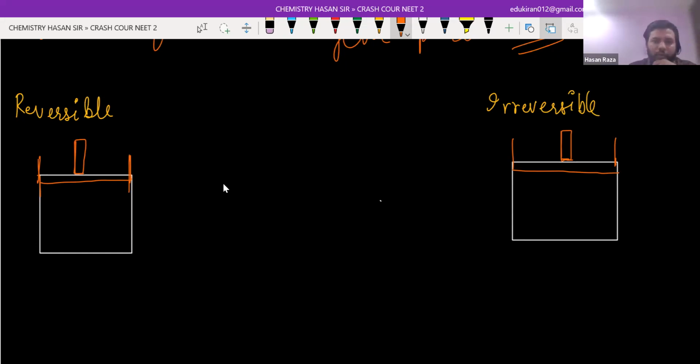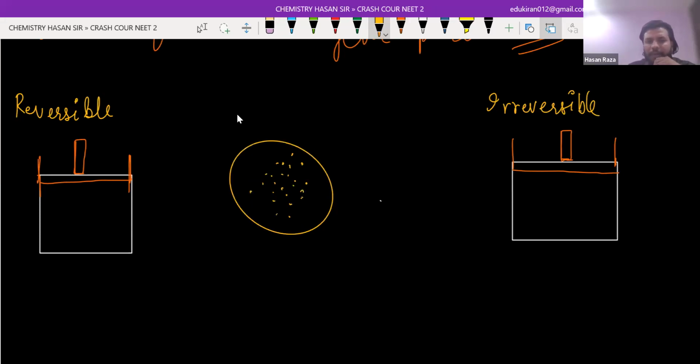Now see, if you have a bag of sand that is 50 kg, you know there will be infinite sand particles, right? Yes or no? If it is 50 kg, 100 kg, 10 kg, you can take sand, and you just pick one particle of the sand and put it here. Will it affect the piston?